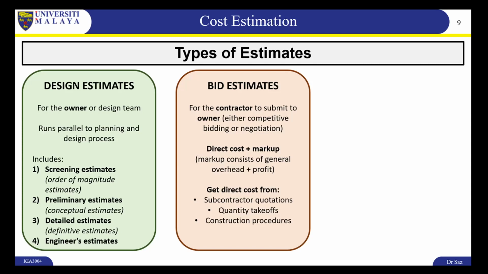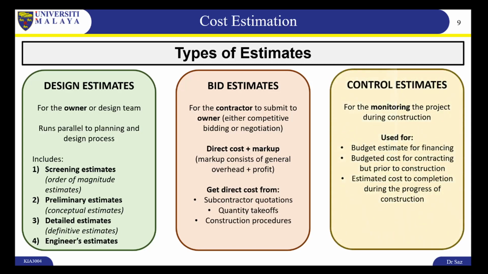They are called bid estimates because when the contractor bids for a project or submits a proposal for a project, they usually have some estimates of their own. And lastly, there are control estimates. This is to monitor the project during construction to make sure that the budget is on track and does not go over the budget that was proposed in the bids or in the designs.